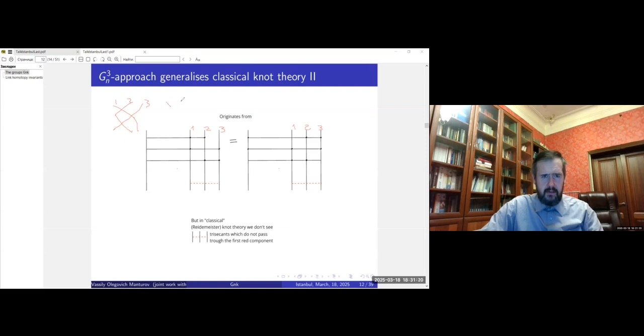Of course, we have to say who is over, who is under, but so far I don't care. So this is the Reidemeister move. At the level of chord diagrams, this looks as what is drawn here. Okay, so this is what the Reidemeister move looks like. But this is what happens for only those trisecants which pass through this infinite line.